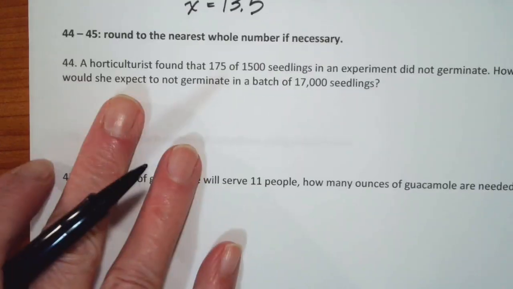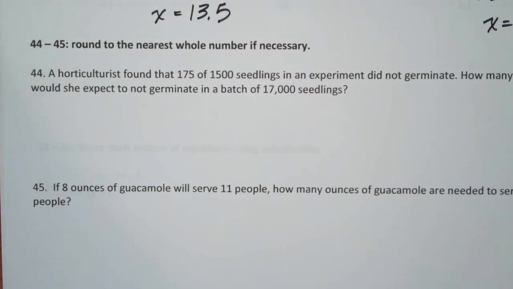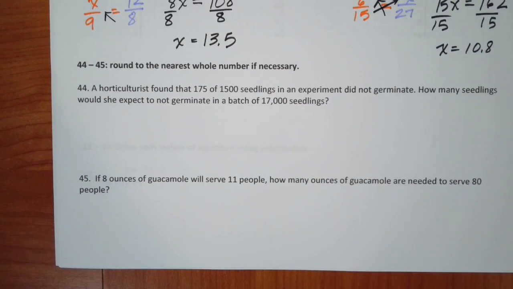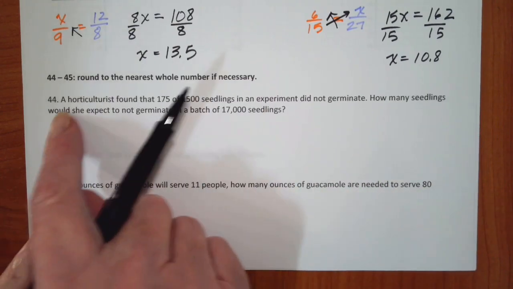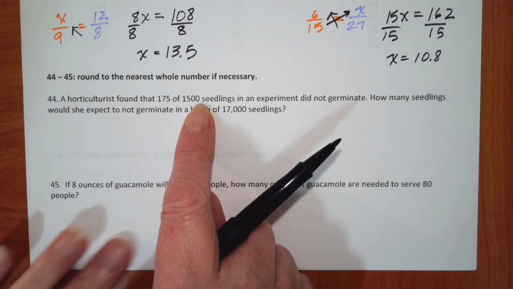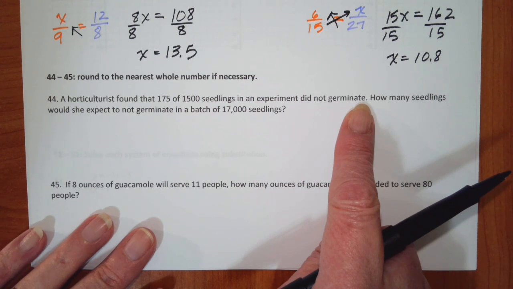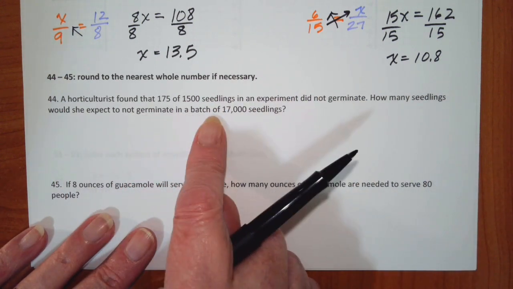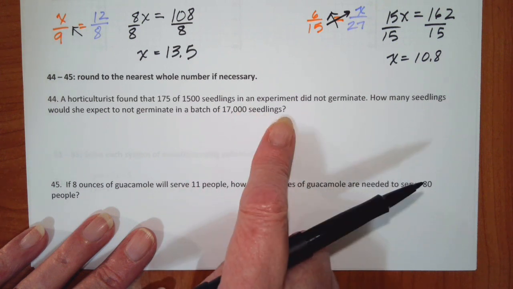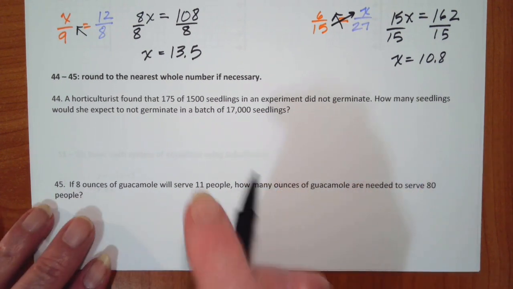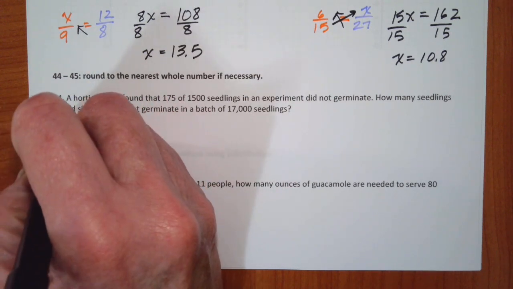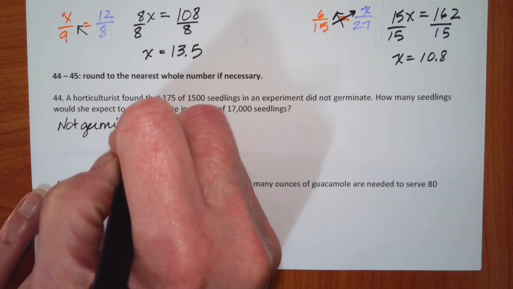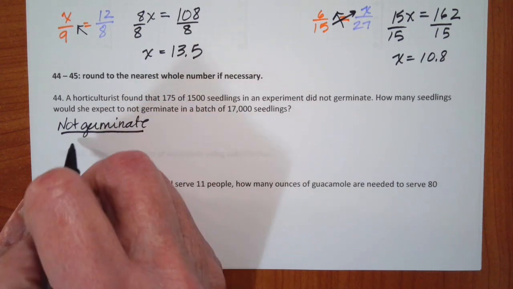Okay, so if I am looking at an application problem, I have to zoom out so we can see the whole thing. So if a horticulturist found that 175 of 1,500 seedlings in an experiment did not germinate, how many seedlings would you expect to not germinate in a batch of 17,000 seedlings? Okay, so I'm going to compare the not germinate to the number of seedlings.